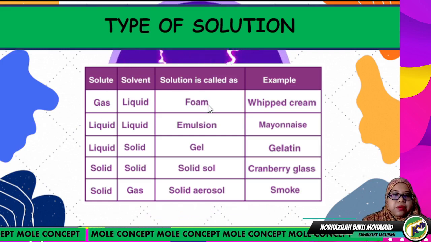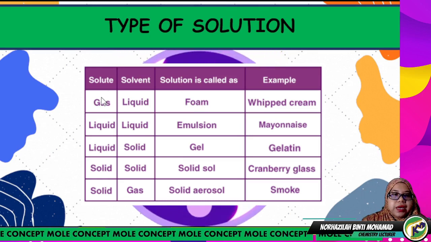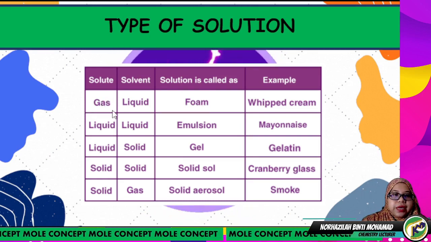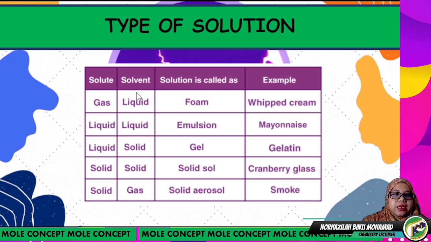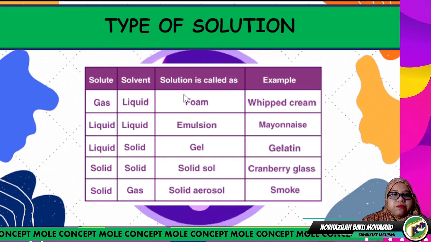The first one is foam. Foam is formed when we have gas as solute and liquid as solvent mixed together, and then we will form foam.